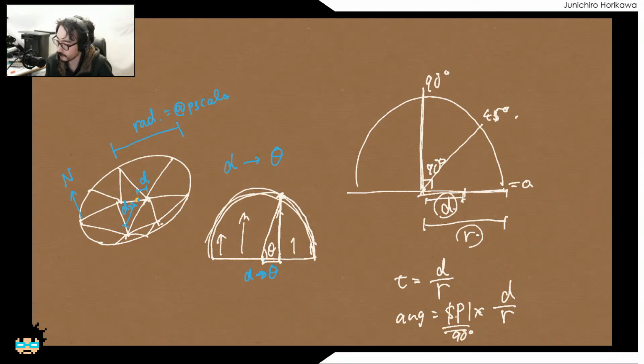So that's the other way around. If you want to do it the other way around, you could say 1 minus d over r. I don't know which one's better because it depends on the orientation, I mean the rotation, I think.